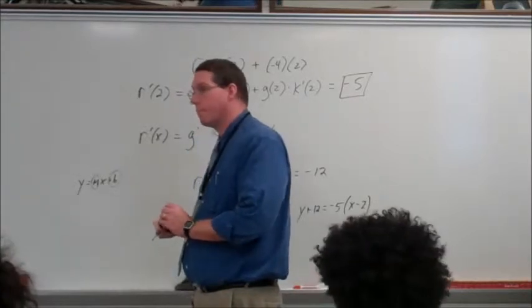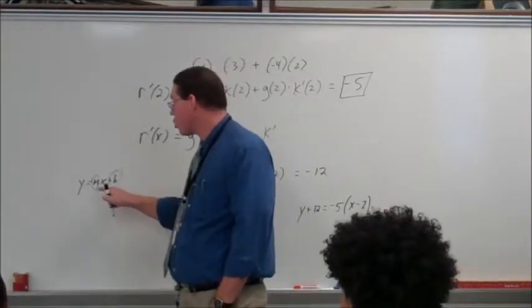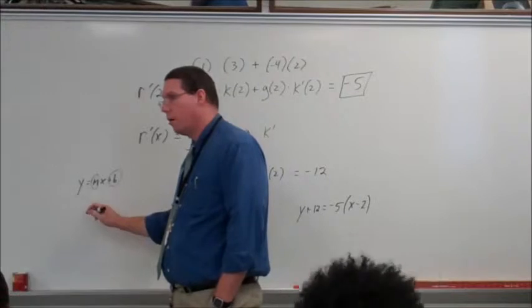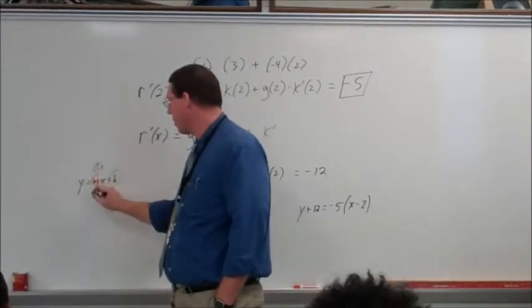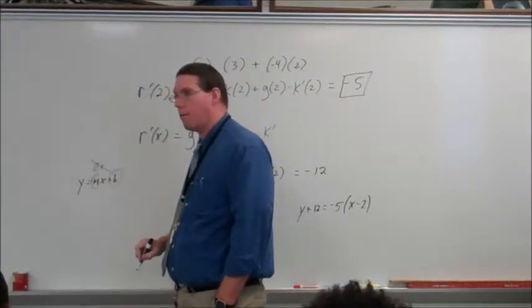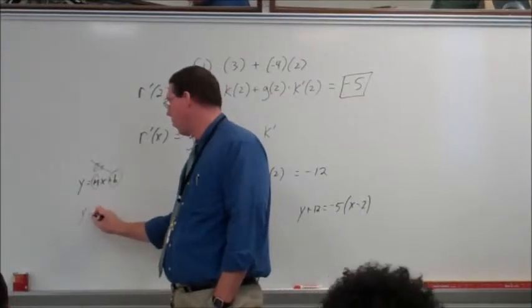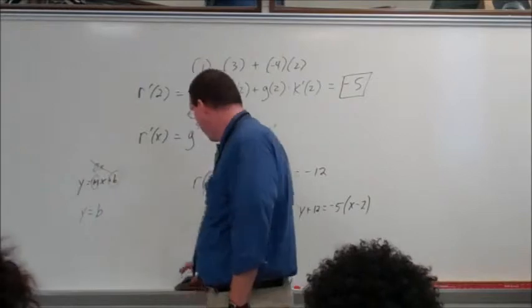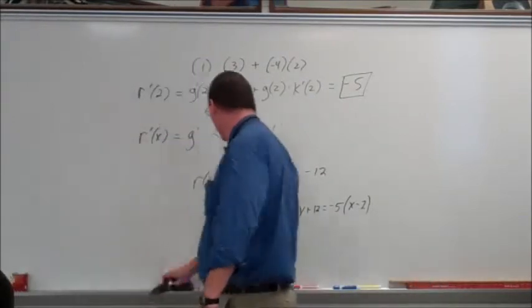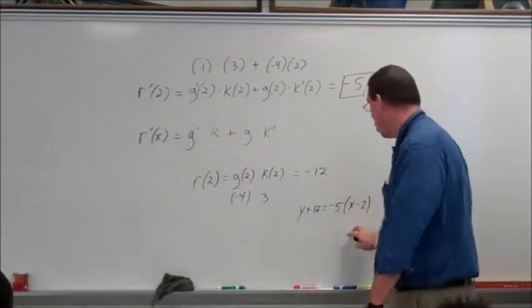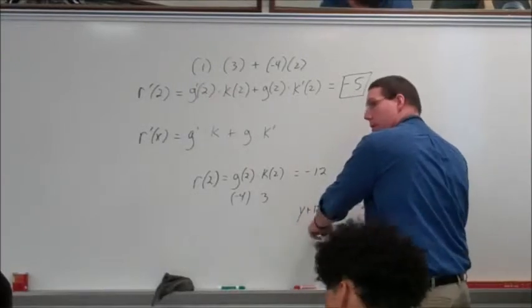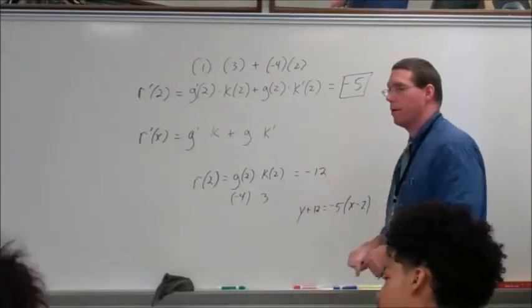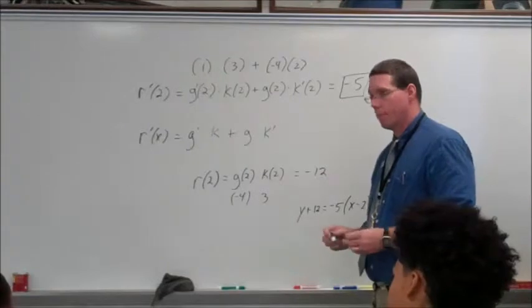Okay, good. Because if the slope is 0, 0 times x is 0, right? And y, that would be a horizontal line at b, which would be the y-intercept. Okay? What we have been writing here is called point-slope form. Point-slope form.